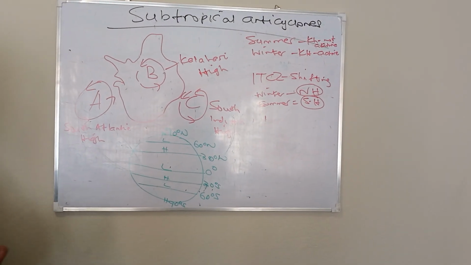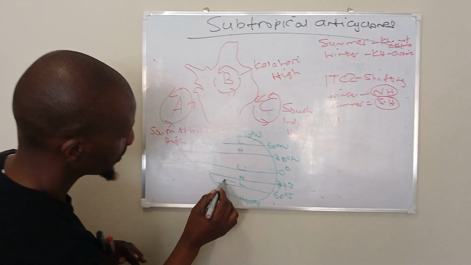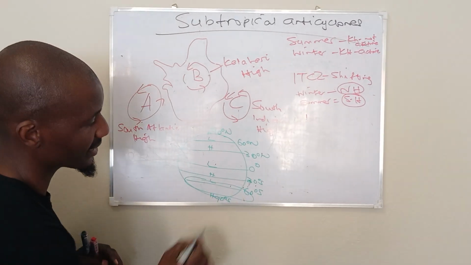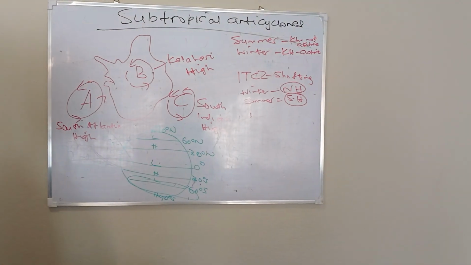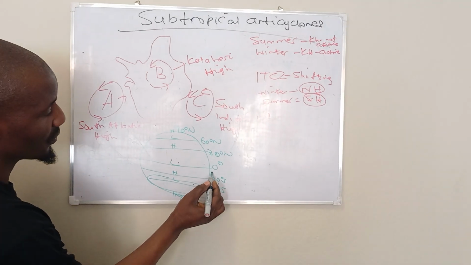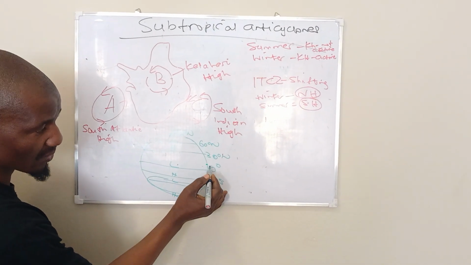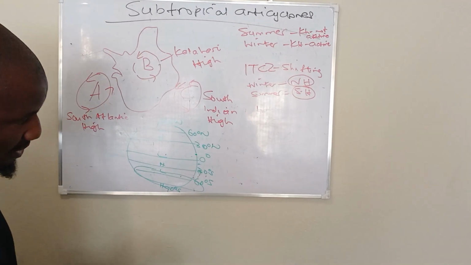So what we have done so far is we have talked about the mid latitudes, which you find normally between 30 degrees and 60 degrees south and north. We have also talked about the tropical cyclones, which we said develop from 5 degrees north and south of the equator to 30 degrees north and south as well.